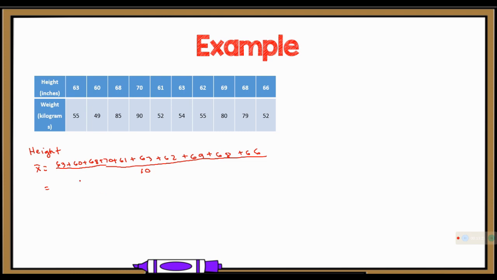Okay, all in all, we have here 650. Hindi pwedeng ilagay yung word na "end", kasi end means decimal point. So we have here 650 divided by 10. Obvious na naman, di ba? The average height is 65.